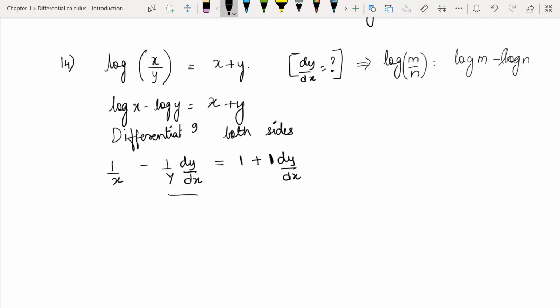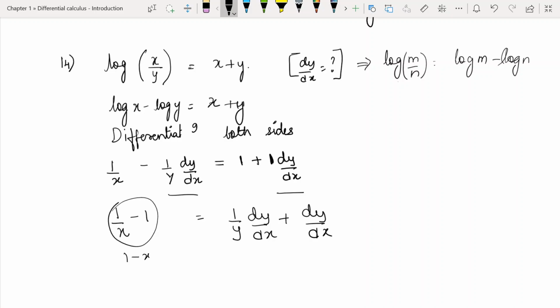Now combine the dy by dx terms together, the other terms on the other side. So 1 by x minus 1 is equal to 1 by y dy by dx plus dy by dx. Now take LCM here. It is 1 minus x divided by x is equal to dy by dx, you take out common.